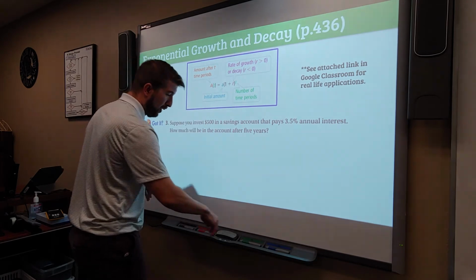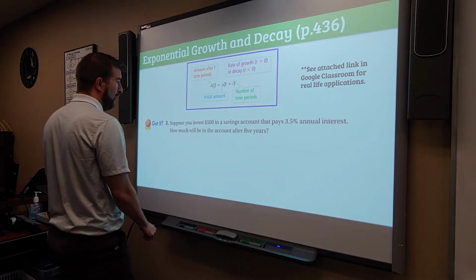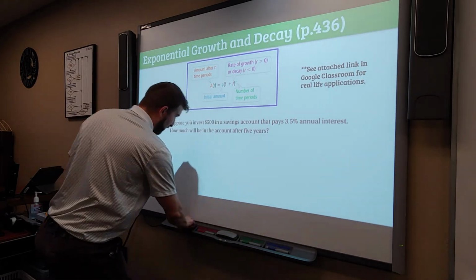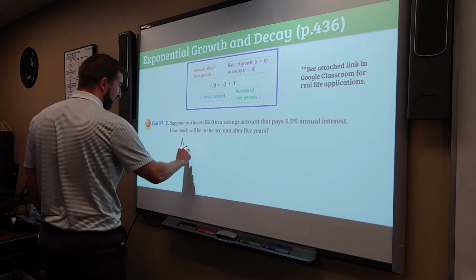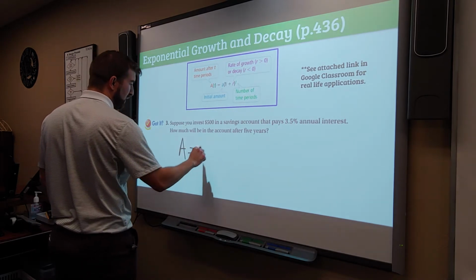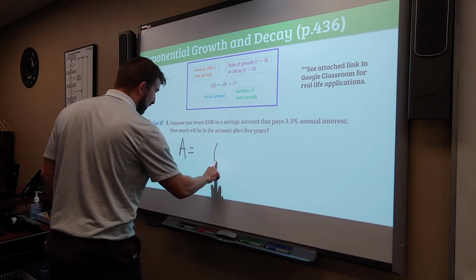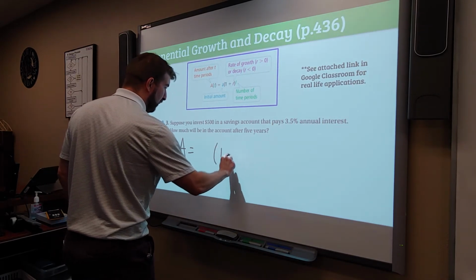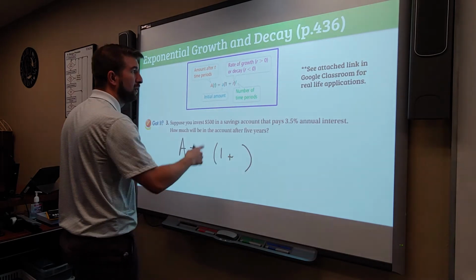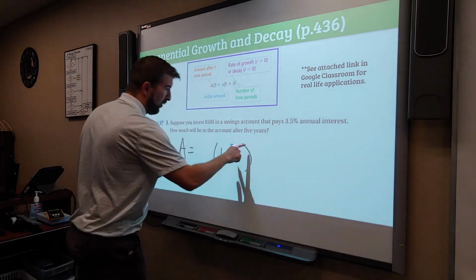Okay, so now, how do we do this without the help of it walking through each step? You're going to have your formula, and you can write your formula out like this. A equals, some number is going to go right there, 1 plus some number, and then another number is going to go right there.